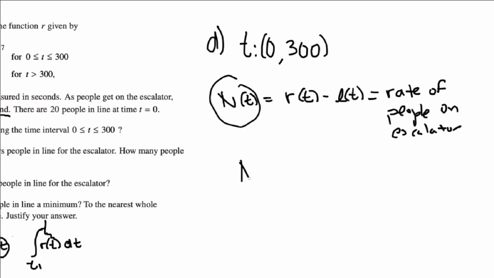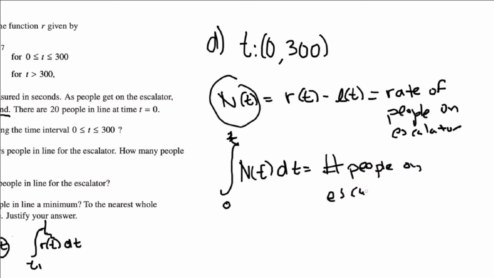So the number of people, I guess I shouldn't have used N of t, but it's too late at this point, is the integral of N of t from 0 to t for some specified t. This would give us the number of people on escalator. And we'll just leave it at this.